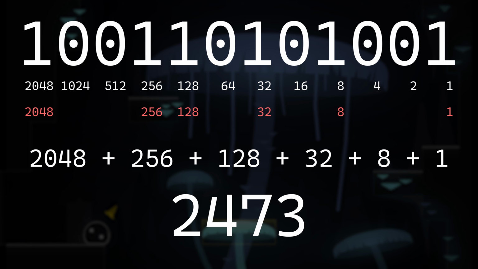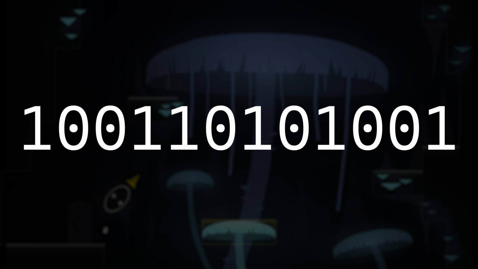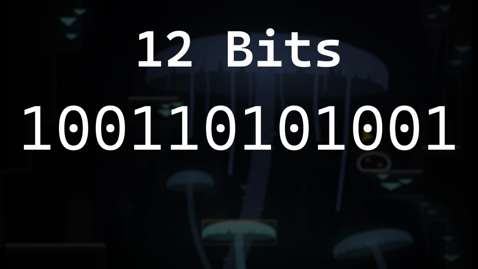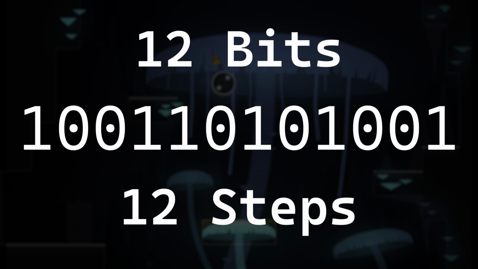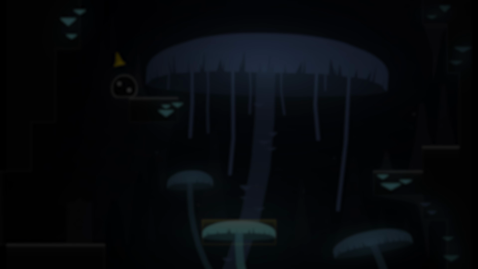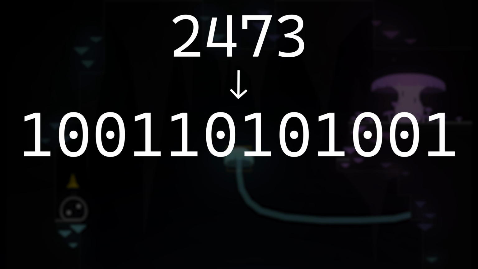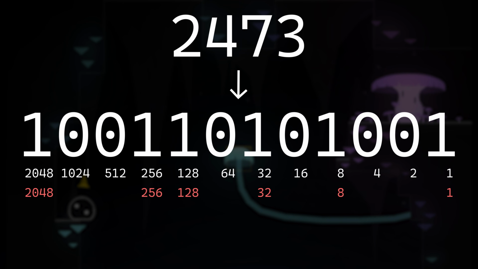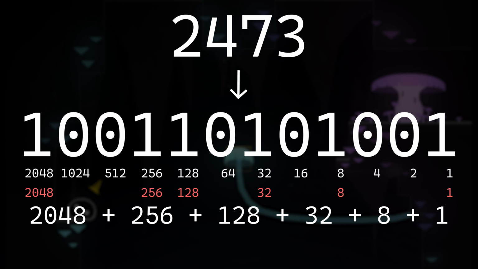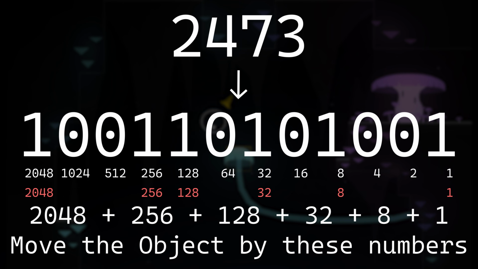Why does any of this matter? Well, conversion from decimal to binary and binary to decimal can be calculated using a set number of discrete steps. When we dynamically convert numbers and reconstruct them, every digit becomes a set action. This may be hard to conceptualize, but if we took that same 2,473 number, converted it to binary, and then back again, as we're converting it back, we could make each conversion step move the object by that amount as well.